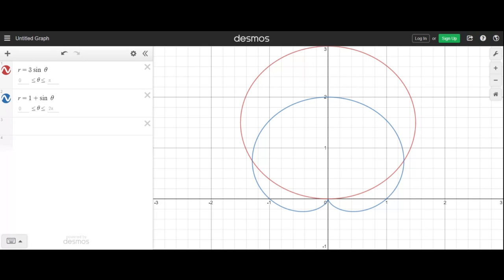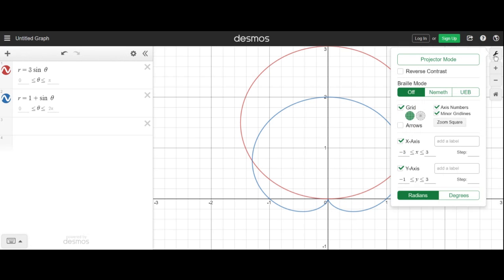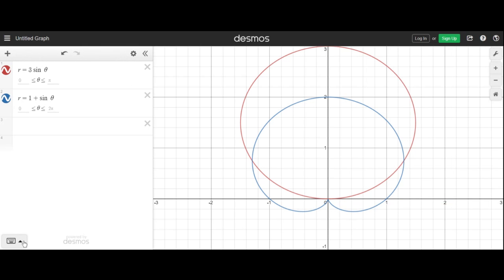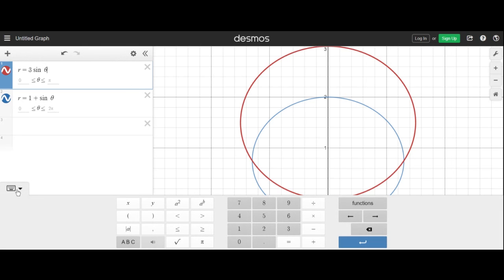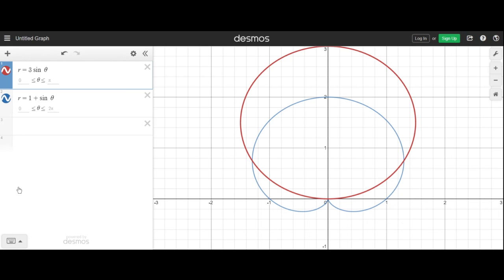But in Desmos, let me see if there's a way to do shading. Look at the little wrench here. They have a lot of features, but I won't take time now for it. I'll investigate a little bit, and if I find something, I'll let you know.